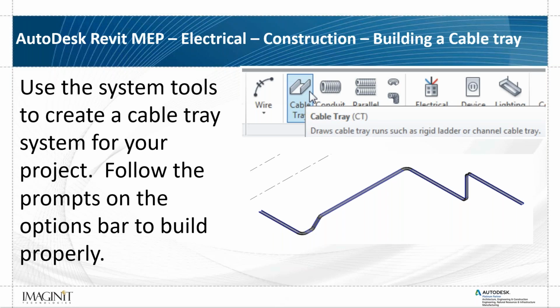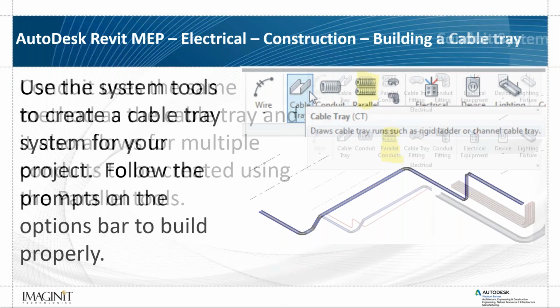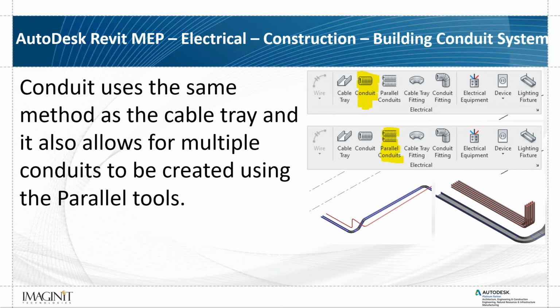Same with the conduit. When you go to the conduit, you have 2 different tools that you can use. You can do a single conduit, which again, you place the first point, you place the end point, and if you're going to put it in a box, you place that conduit in the box, it connects to the box, builds those connectors, and then you're able to build from there.